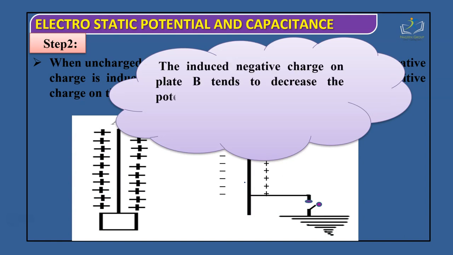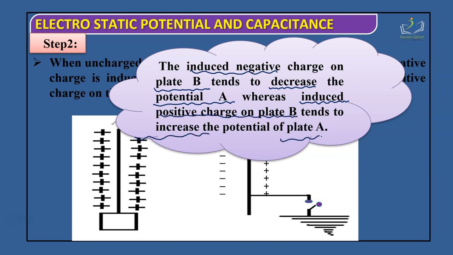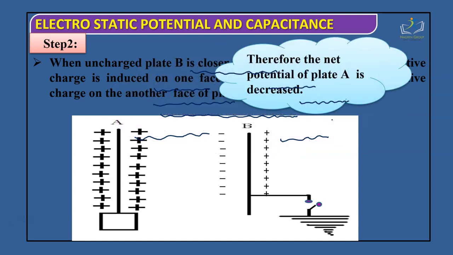Now, the induced negative charge on plate B tends to decrease the potential at plate A, whereas the induced positive charge on B tends to increase the potential of plate A. The main point here is that the induced negative charge of plate B tends to decrease the potential of A, and the induced positive charge of plate B tends to increase the potential of plate A. Therefore, the net potential of plate A decreases.